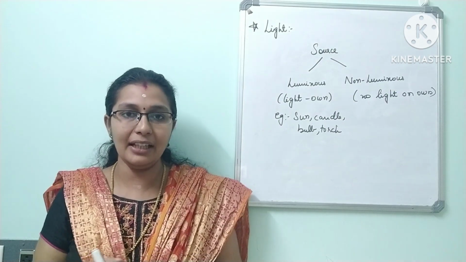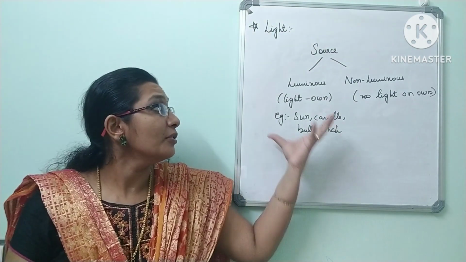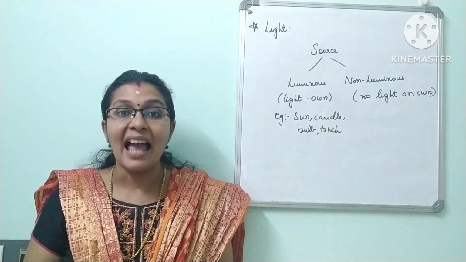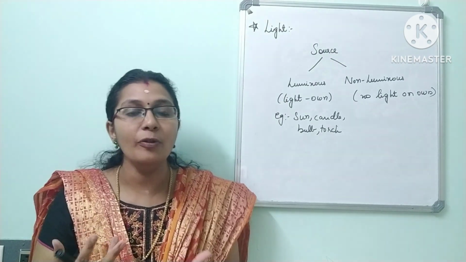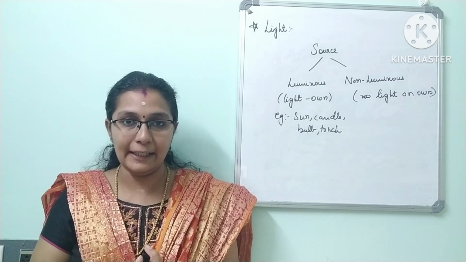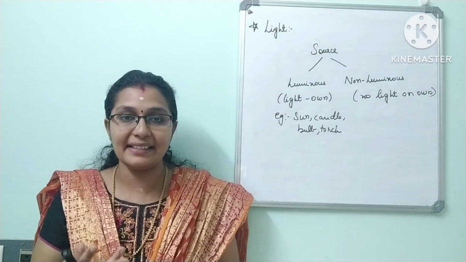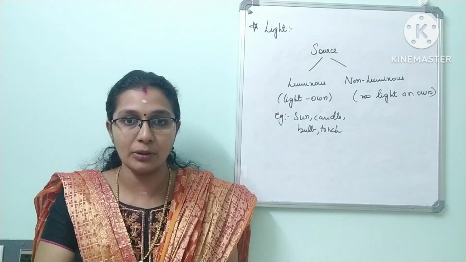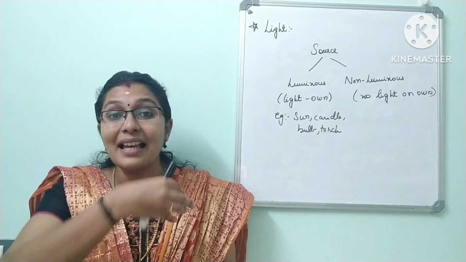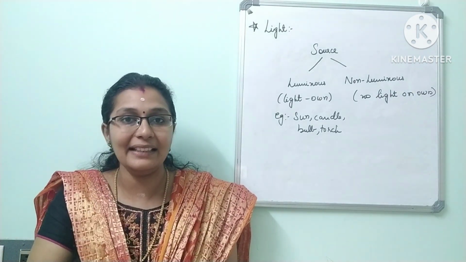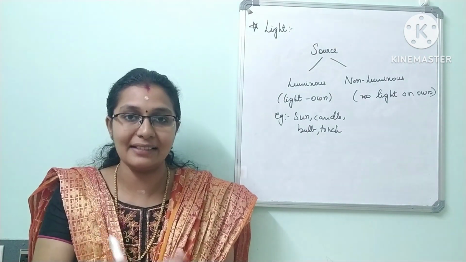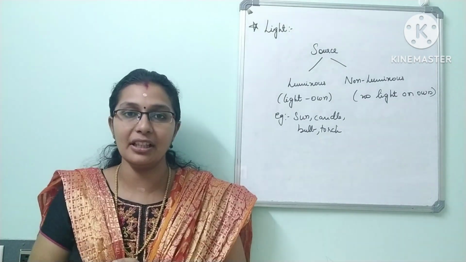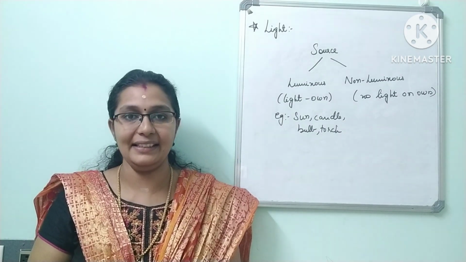We use these luminous objects and reflect light. For example, this desk doesn't have light on its own, but it uses sunlight and reflects the light that falls on it, and that is how we are able to see this desk or book or paper or whatever it is. Clear?